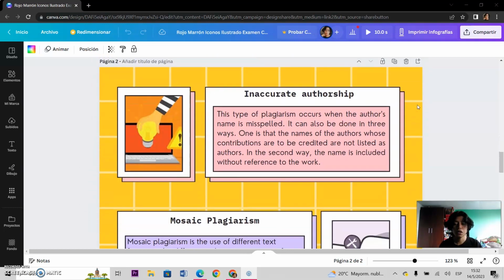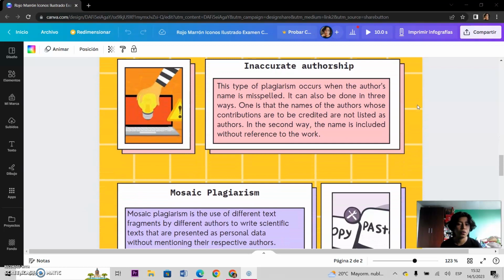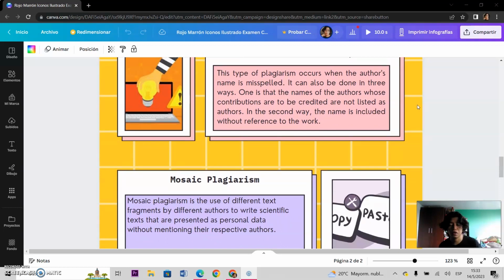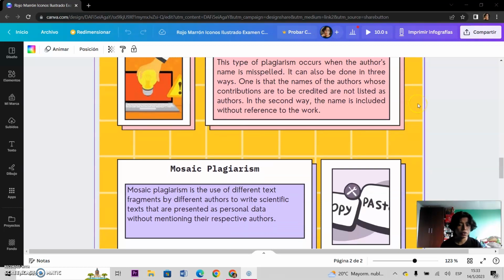The sixth is inaccurate authorship. This type of plagiarism occurs when the author's name is misspelled. It can also be done in three ways. One is that the names of the authors whose contributions are to be credited are not listed as authors. The second way is that a name is included without reference to the work.